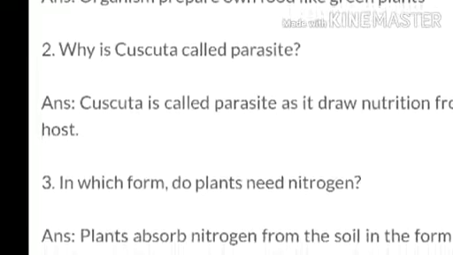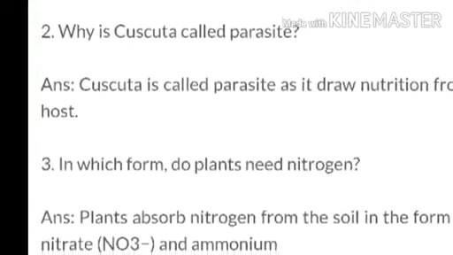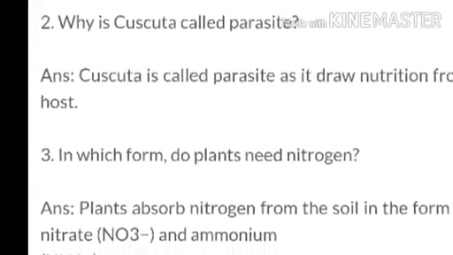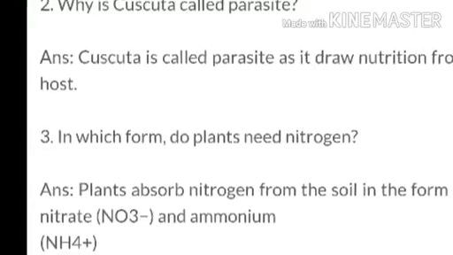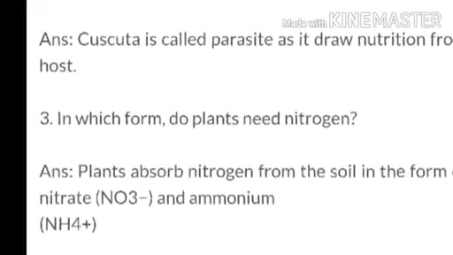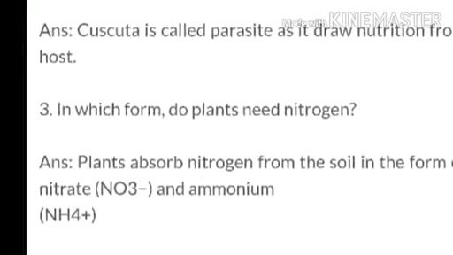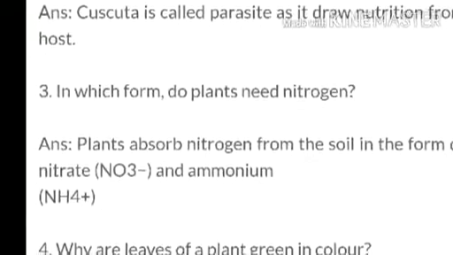Now, third question, in which form do plants need nitrogen? Plants absorb nitrogen from the soil in the form of nitrate, NO3 negative, and ammonia, NH4 positive. So you must write it in your fair copies.